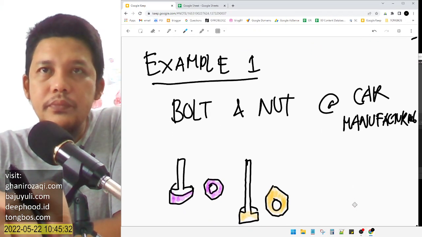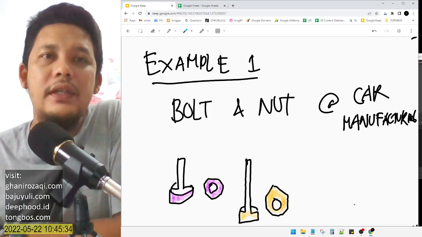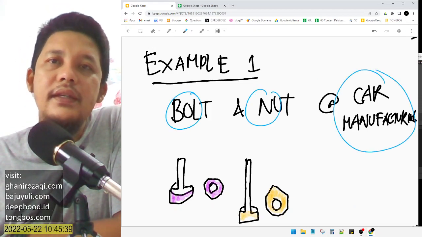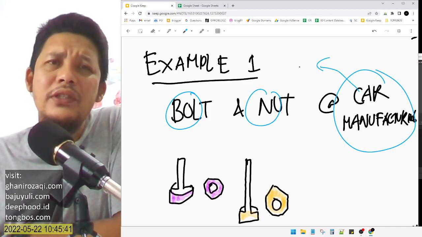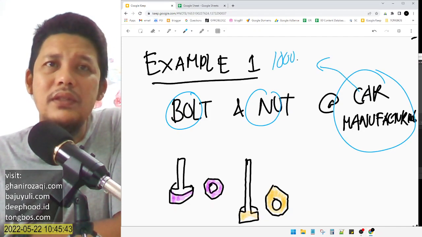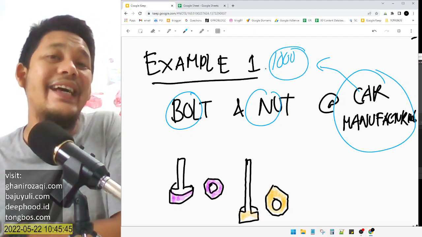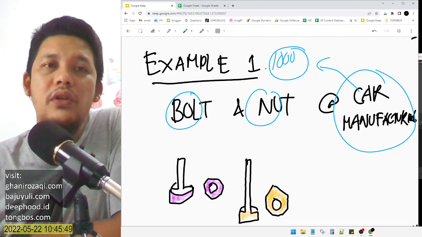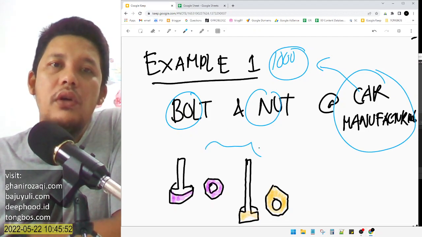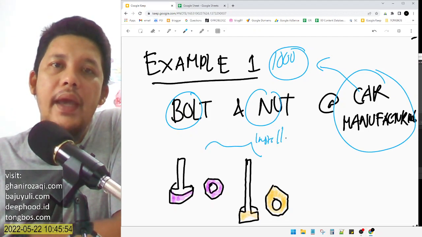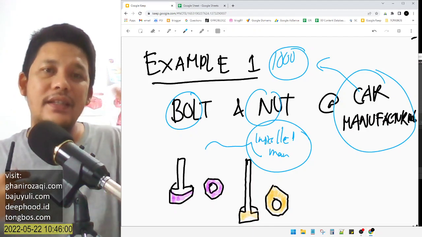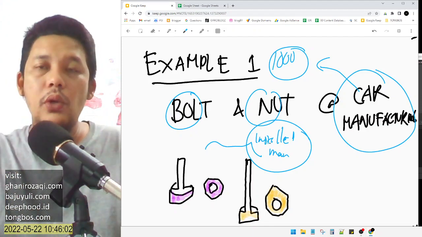The common example of Poka Yoke is bolts and nuts in car manufacturing. I don't know how many bolts and nuts there are in car manufacturing. Let's say 1,000, 2,000. Let's say 1,000 bolts and nuts in car manufacturing. At that time, the bolts and nuts are installed by a man. So the man brings a box of a lot of bolts and nuts, and finds the suitable one for each part of the car.